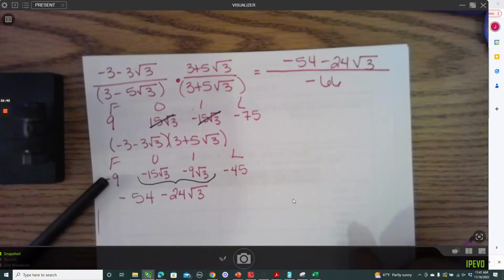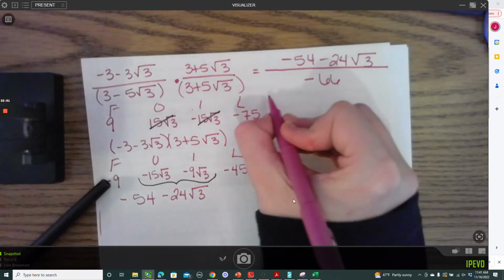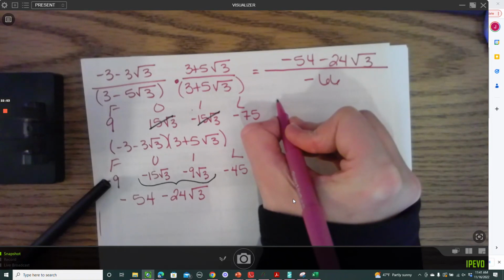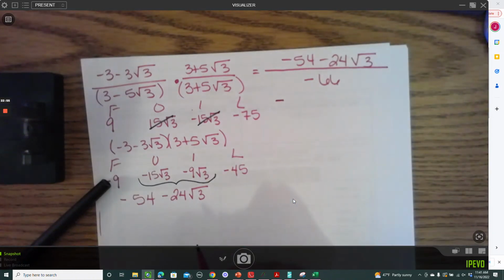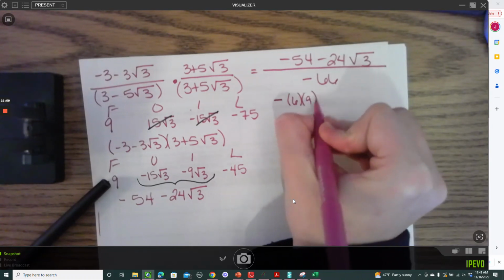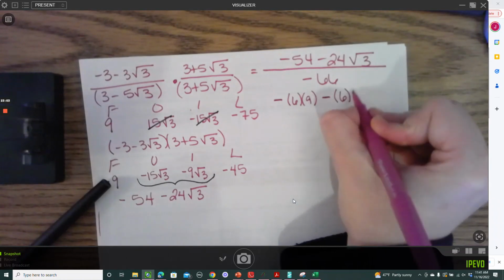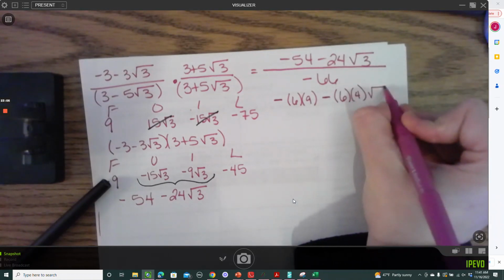I can still simplify. Even higher than that, 6. 54. So here's what I'm going to do. I'm going to pull the negative out. Okay. 54 is 6 times 9. Pull this negative out. 24 is 6 times 4. Keep the square root of 3.